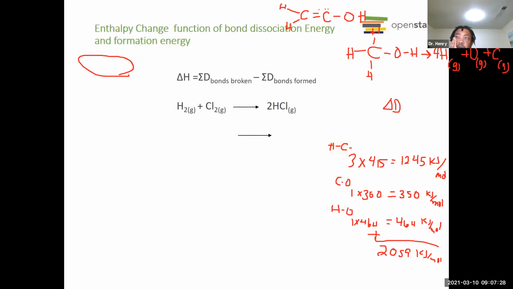Okay. So then that allows us to calculate that dissociation energy, or to calculate the enthalpy change. So the way that we would do that, our delta H for the entire reaction would be the energy to break the bonds minus the energy to form the bonds.